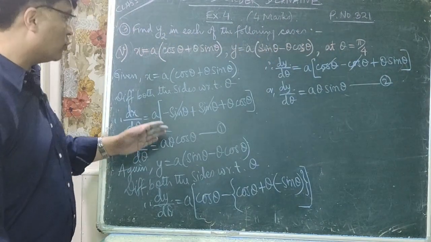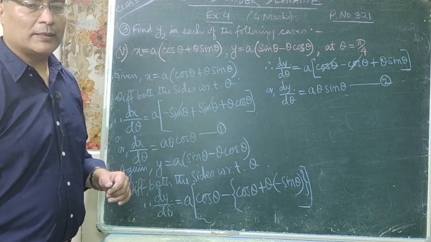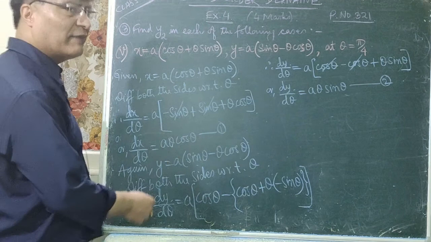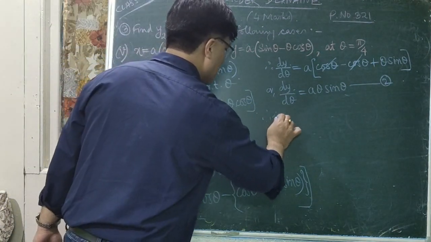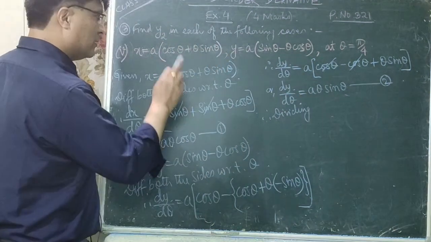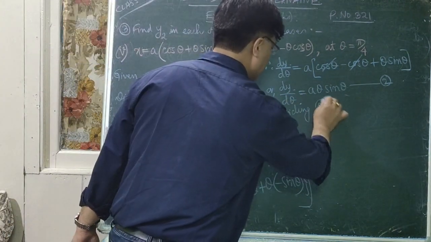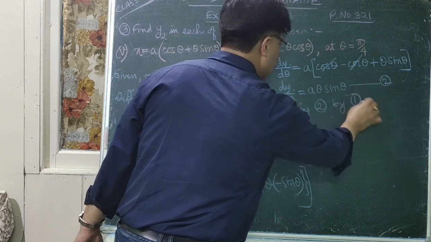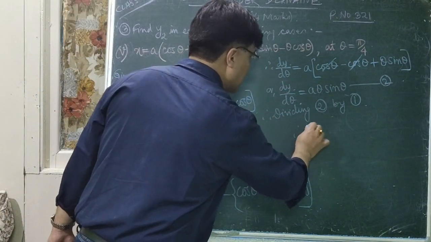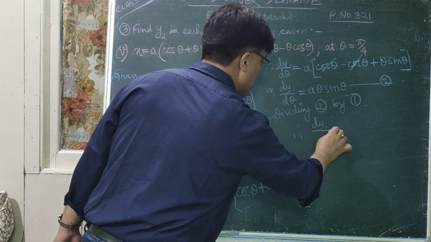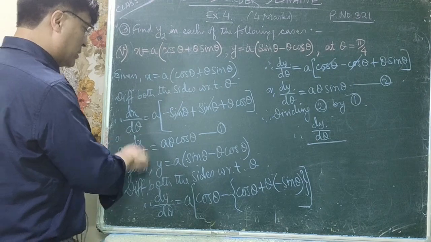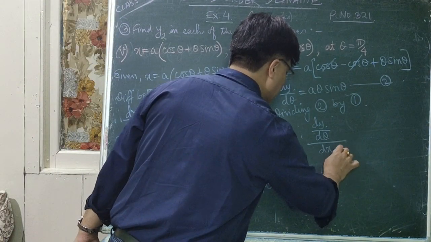So we have got both 1 as well as 2. Now what will you do with this 1 and 2 to get dy by dx? Divide. So dividing 2 by 1, what do we get? Write down left hand side of number 2 in numerator, dy by d theta, divided by, write down left hand side of number 1 in the denominator, that is dx by d theta.